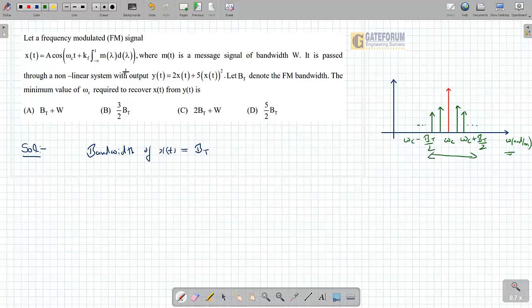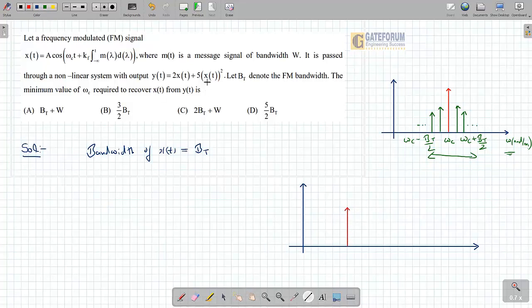Now when this spectrum passes through a nonlinear system, what happens to the spectrum? Let's see that. Now the output of the nonlinear system will have a spectrum like this. So this will be present with every component.